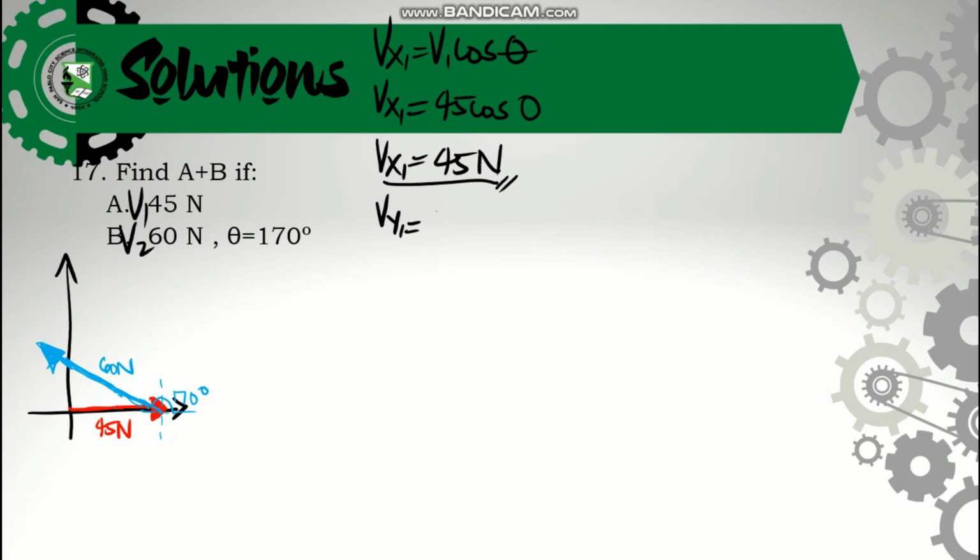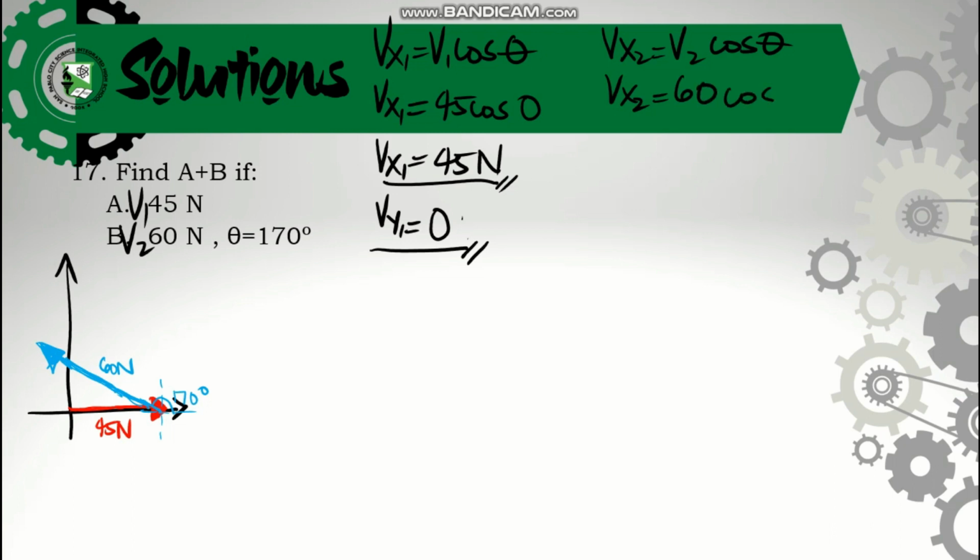For that diagram, we can get the x and y component. So Vx1 is equal to V1 cosine theta or 45 cosine 0. Actually, you can skip this part since alam nyo na nandun siya sa x-axis, hindi nyo na kailangang i-input yung 45 cosine 0.